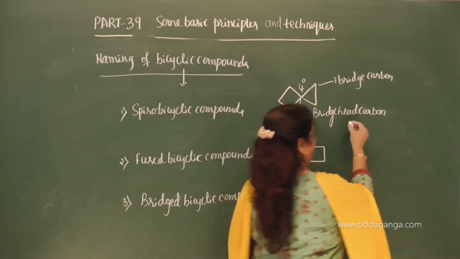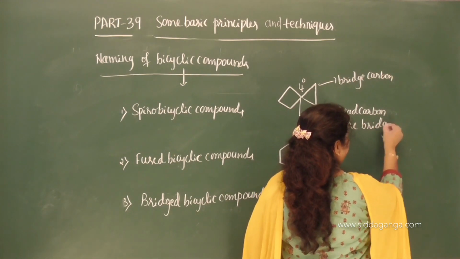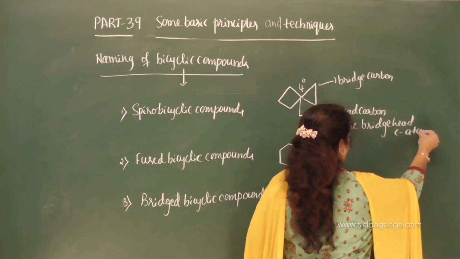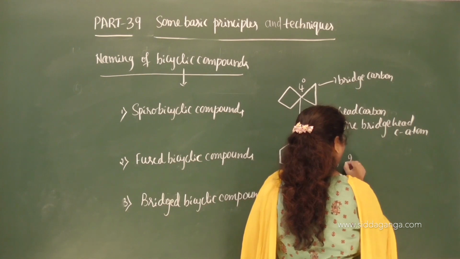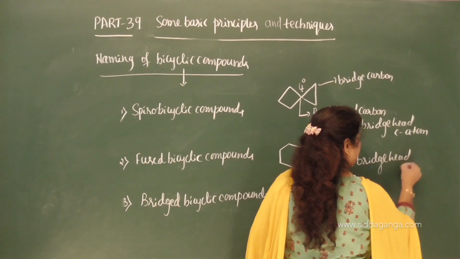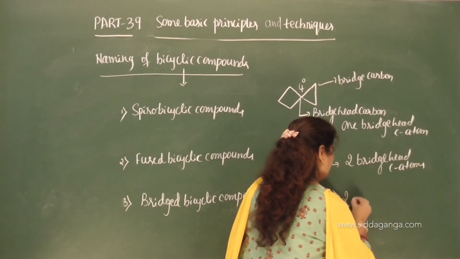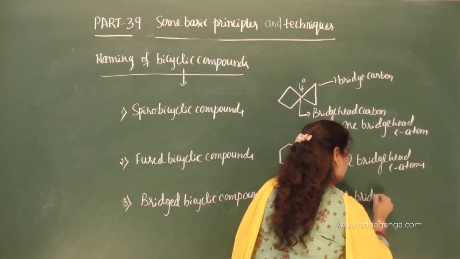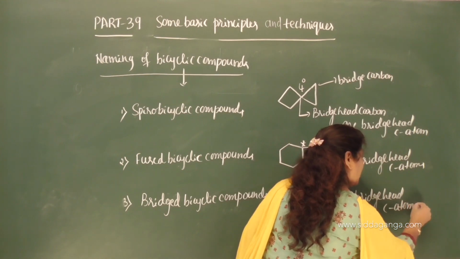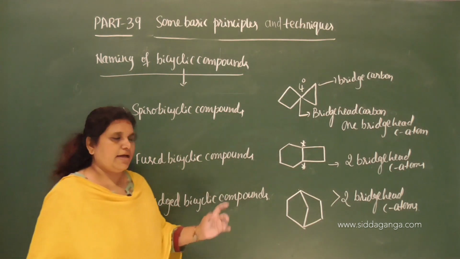So, in spiro compounds, only one bridge head carbon atom, and in fused there are 2 bridge head carbon atoms. If more than 2 bridge head carbon atoms, then they are called what? Then they are called bridged bicyclic compounds.